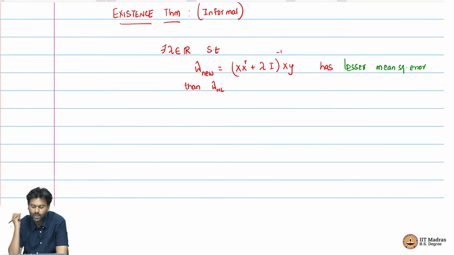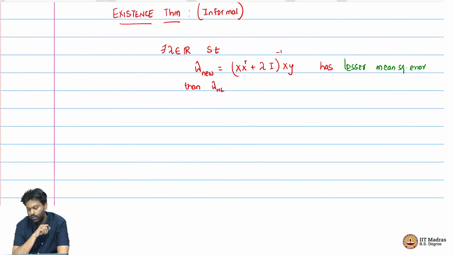The existence theorem says that there should exist some lambda such that, instead of using W hat ML, if I used (XX transpose plus lambda I) inverse XY as my new estimator, then this would have lesser mean squared error. So, on an average, this is a better estimator than the original estimator.